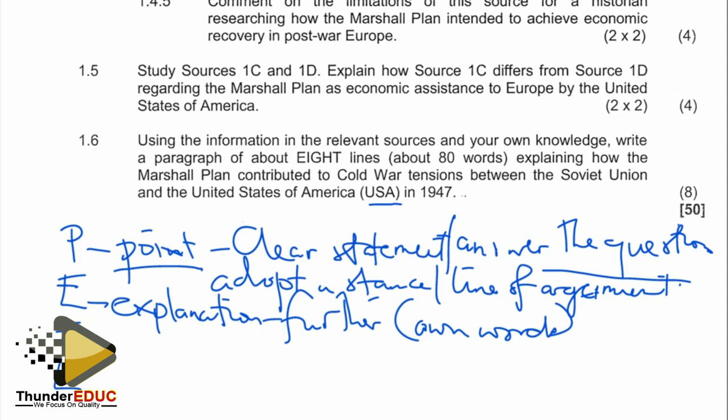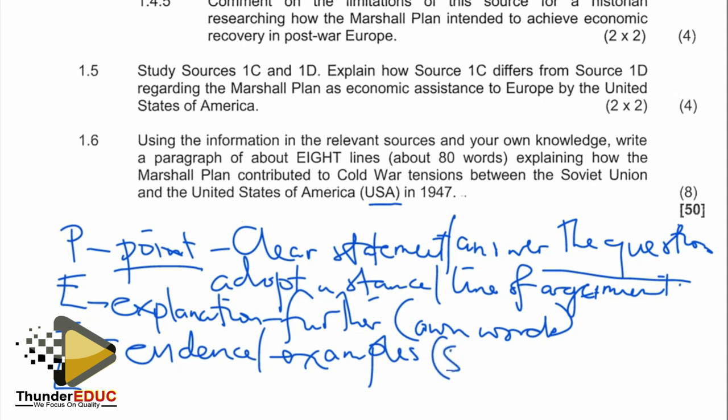Then after explaining in your own words, you now give the evidence. Or this is examples. This is where you use the sources when you are giving examples. And also, you use your own knowledge, because the question is saying using relevant sources and your own knowledge. You are explaining here using your own knowledge.